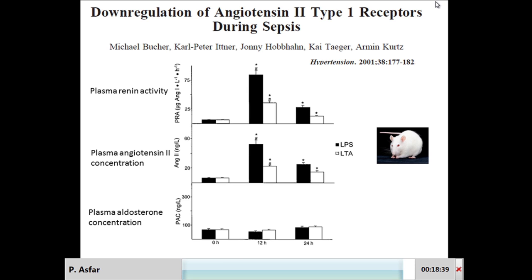The problem is that the effect is completely blunted in the periphery, on the vascular system and heart, as you can see on this slide in an experimental model in rats.